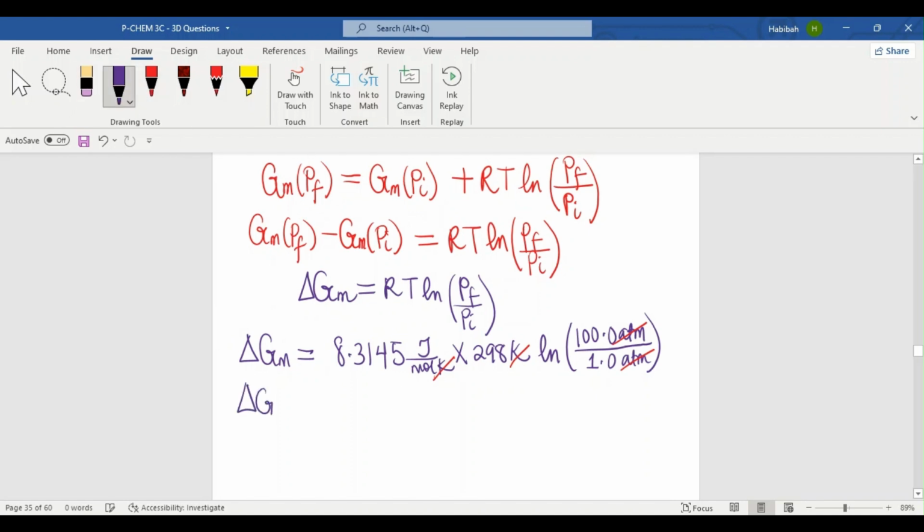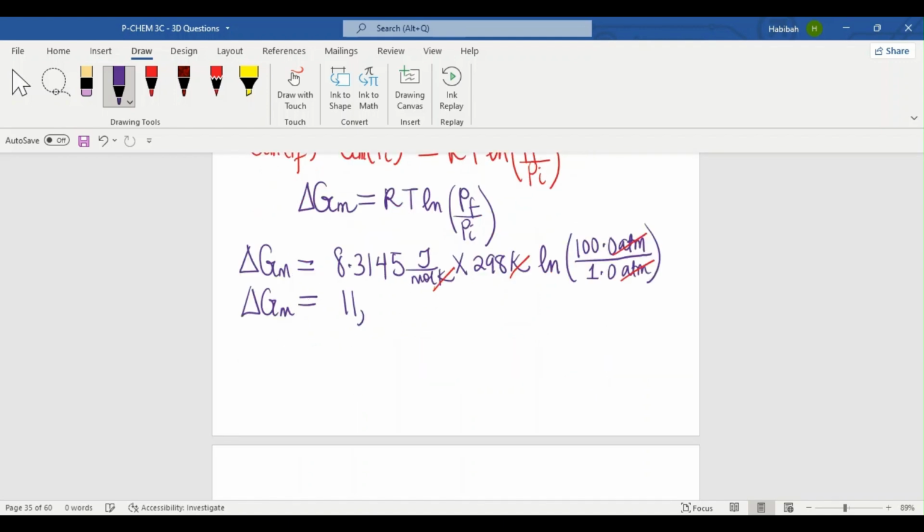So the change in molar Gibbs energy is 8.3145 joule per mole times 298 times ln(100 divided by 1), which is 11,410.33 joule per mole. This is the answer you're supposed to get.